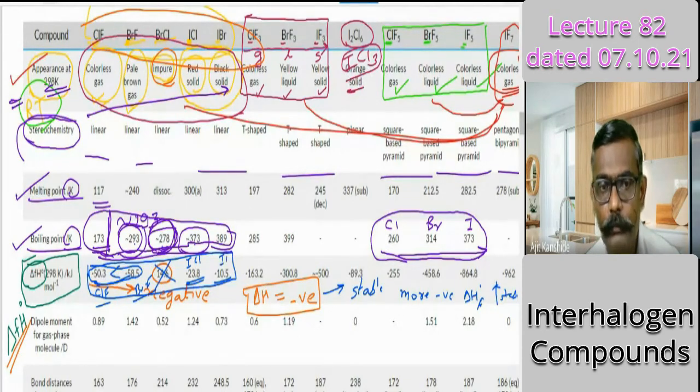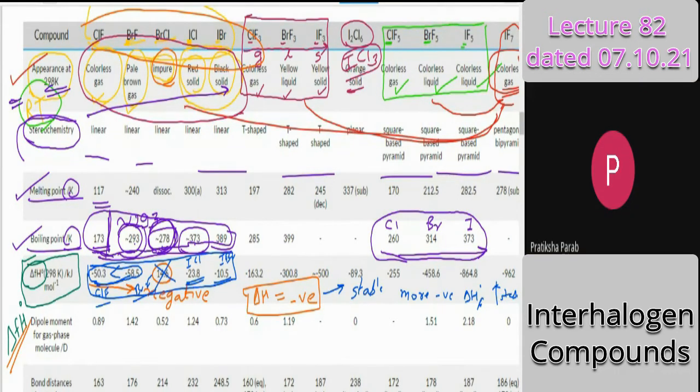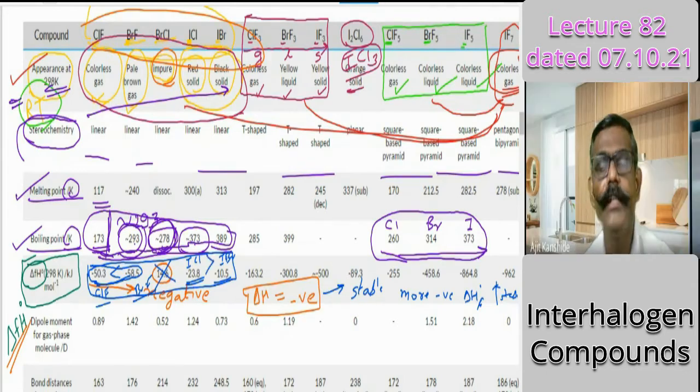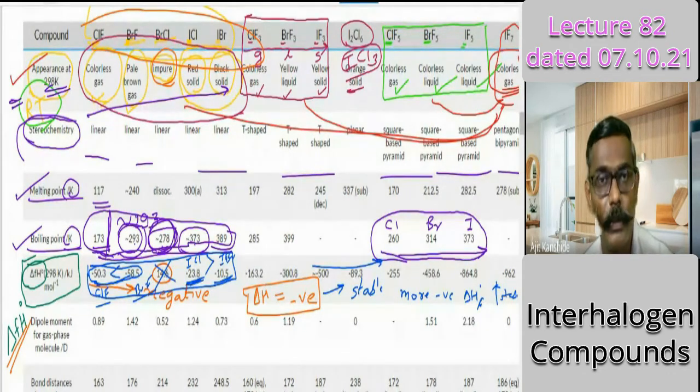IBr, enthalpy of formation minus 10.5. Who is more stable, ICl or IBr? ICl is more stable, because more energy is liberated compared to IBr. Similarly, I hope you can work out the remaining interhalogen compounds regarding enthalpy change of formation.